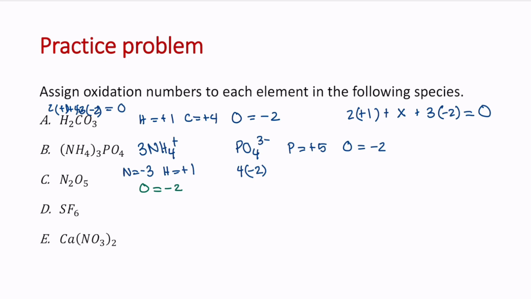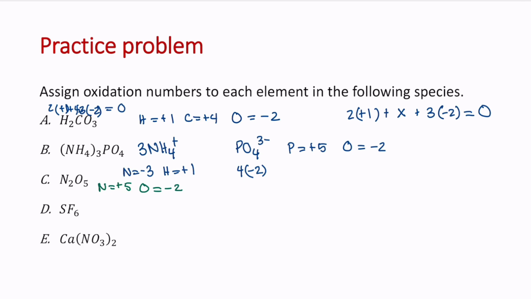Now, in order to come up with an oxidation number equal to 0 for the overall compound, I have 2 nitrogens, so those nitrogens have to be +5. I can double check this. Nitrogen is +5, times 2 is +10. Oxygen is -2 times 5 oxygens is -10.